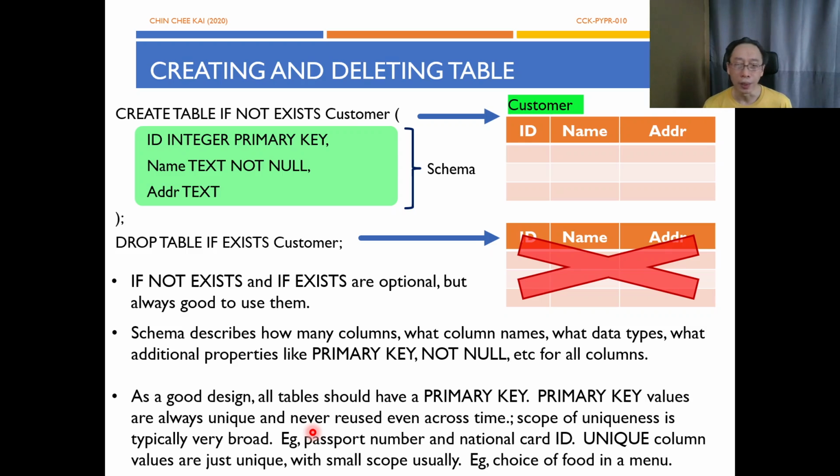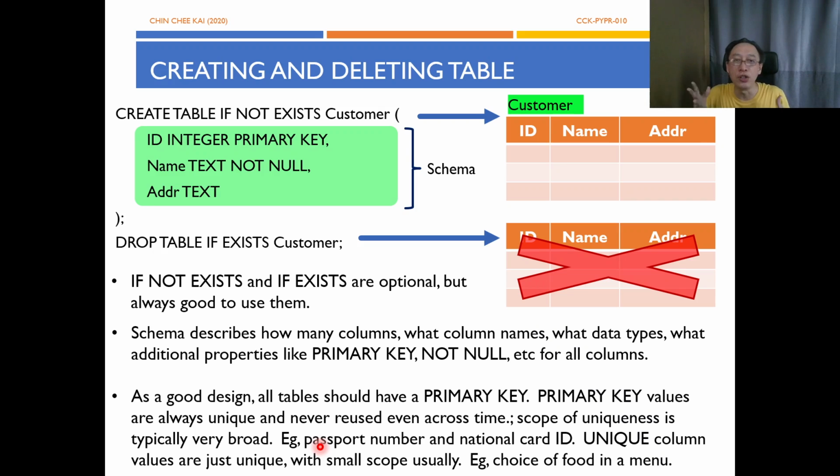And that also goes for passports. If a passport is found invalidated, that passport number is never reused. So all these are primary keys. Their creation may not be from us. However, we can use them so long as they are enforced to be unique across the entire database and across time.